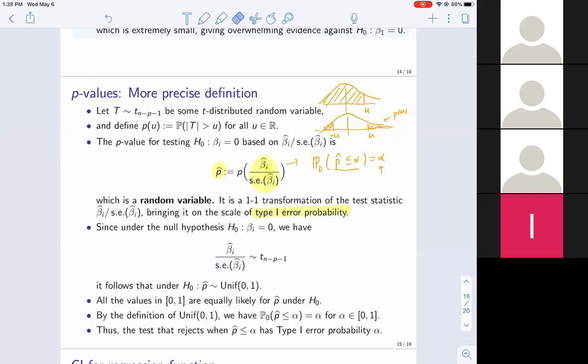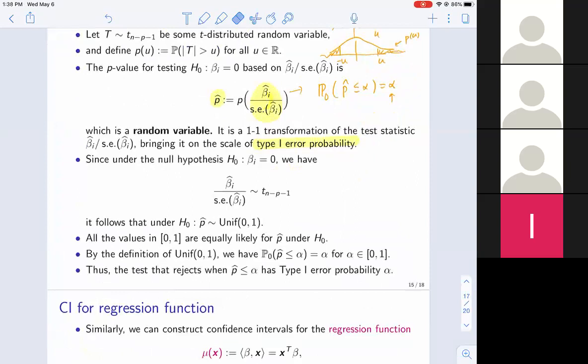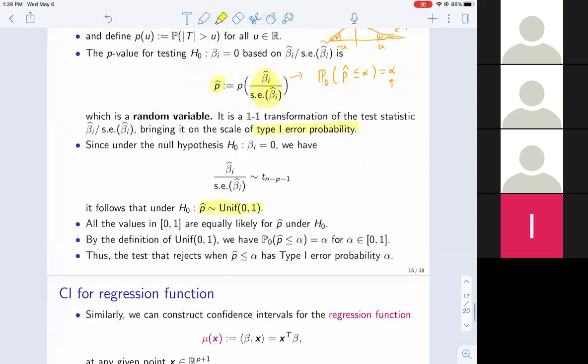That's the advantage of it. The reason this is true is that you can show, as an exercise, that under the null, after this transformation, p hat has a uniform distribution on 0, 1.